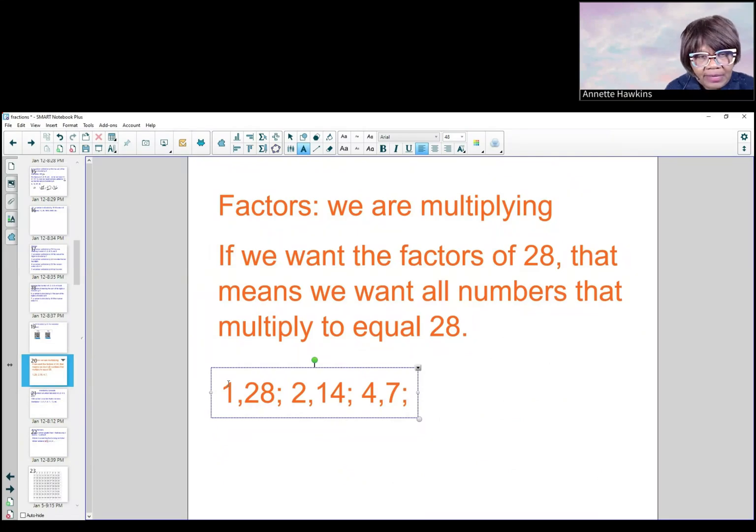We already got 7, and then we go up to 8, and then we go up to 9. So the question is, how do you know how many factors this number has? And later on, I'm going to show you a little trick to help you determine if you have all the factors of a number.